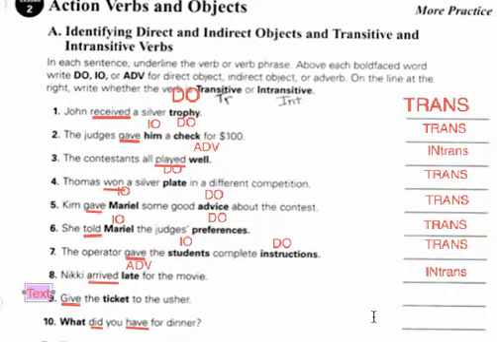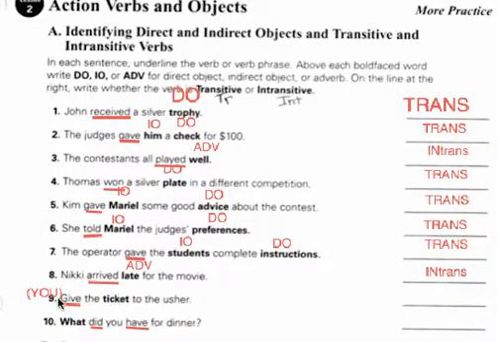Let's look at number 9. On number 9, you can't see the subject because it's you understood. Oh, that's right. Remember with the puppy, we say sit. You understood is the subject. Give the ticket to the usher. Oh, we have another prepositional phrase, to the usher.